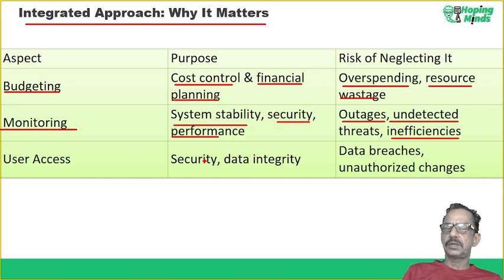So please consider why we are doing this. If we don't focus on budgeting, it means overspending and resource wastage. We do monitoring for stability, so that whatever resources are there work perfectly, always available, reliable, and stable, and for security. If we neglect that, naturally an outage will occur, there can be undetected threats, and the entire system becomes inefficient.